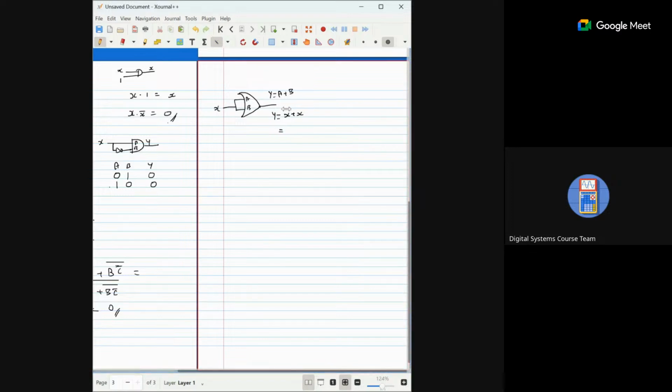If X equal to 0, 0 plus 0, 0 OR with 0, gives 0. If X equal to 1, 1 OR with 1 gives 1. I don't have another combination because both are the same term. So if both the terms are X, the output remains X. So X dot X gives X. Is it okay?